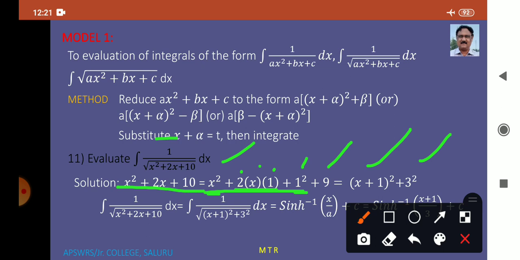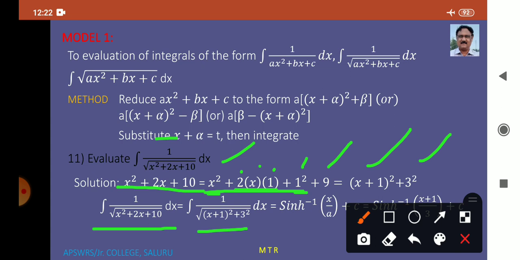So now we take the given problem. Integral 1 by square root of x square plus 2x plus 10. That is equal to integral 1 by square root of, already you wrote x square plus 2x plus 10 as x plus 1 whole square plus 3 square. Now this is of the form integral 1 by square root of a square plus x square. Here a square is 3 square and x square is x plus 1 whole square.